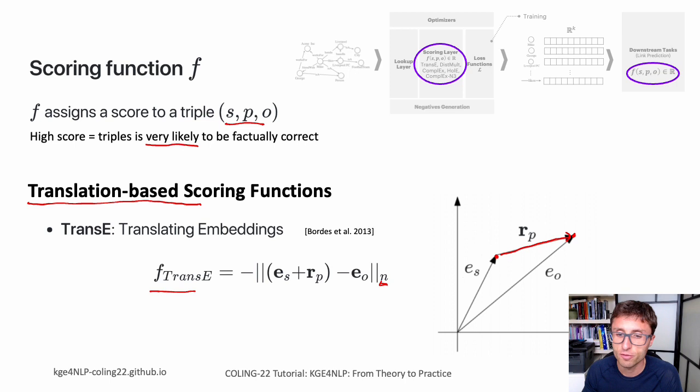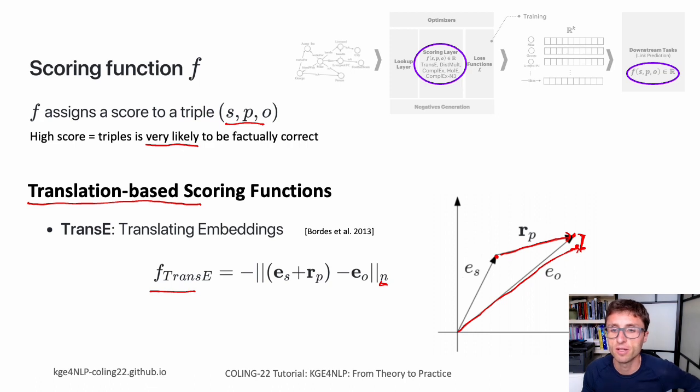Then it compares this with the embedding of the object, E_O, which let's pretend is in this position, and it computes the distance between these two embeddings.